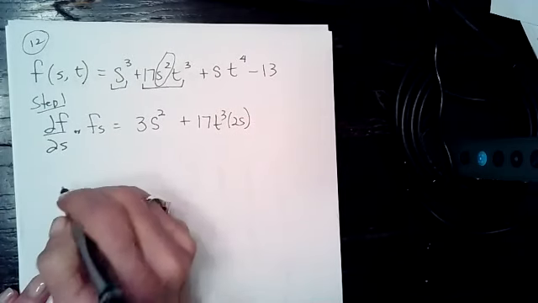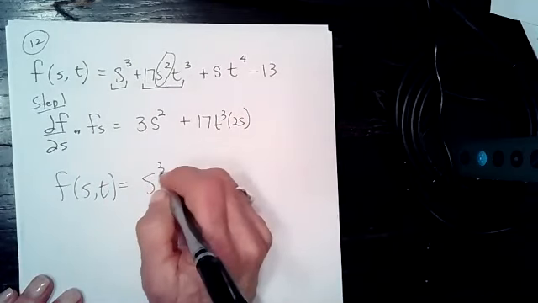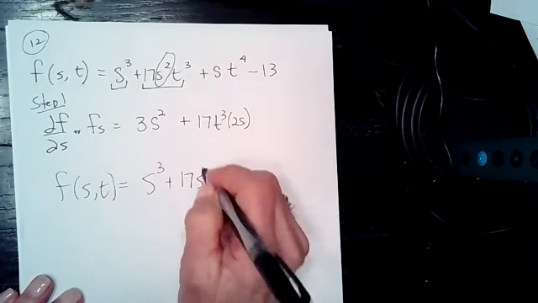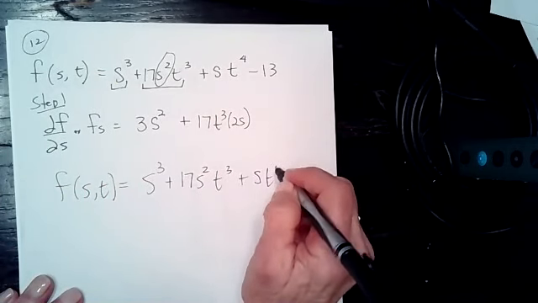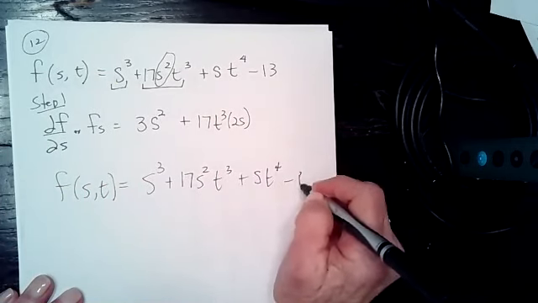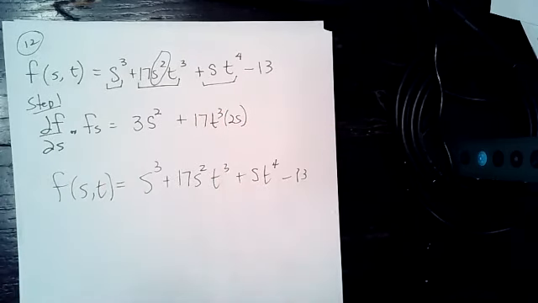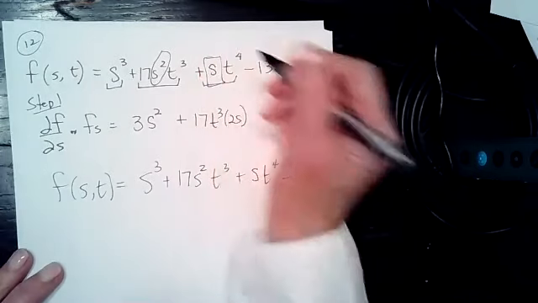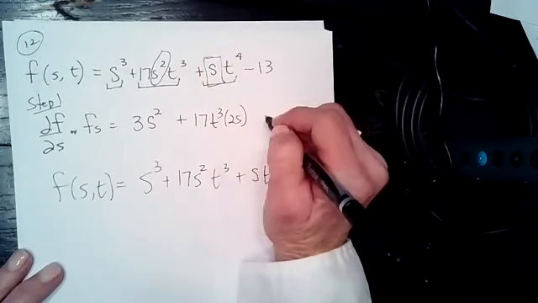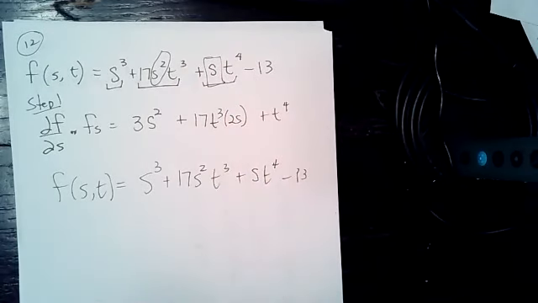Okay, so I'll write my function down again, just because I've marked it up. Uh-oh. I had an S here. I thought it was a 5, see? All right, so the derivative of the s term is just 1 times the constant plus t to the 4th. Sorry, I forgot that.